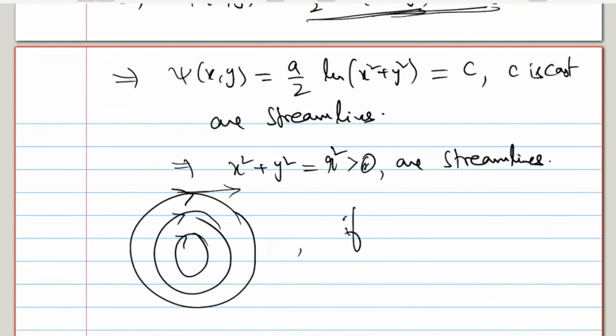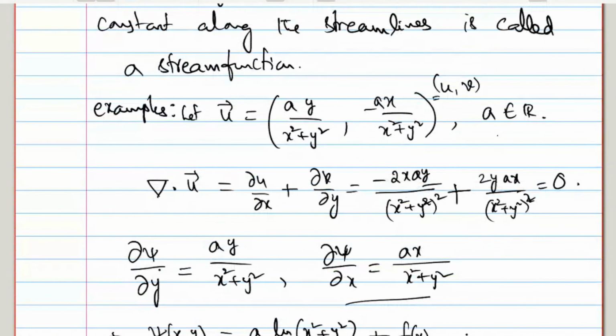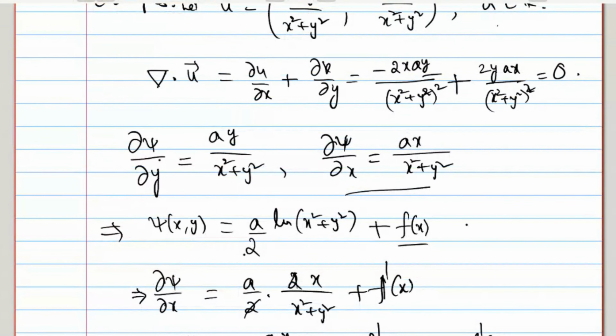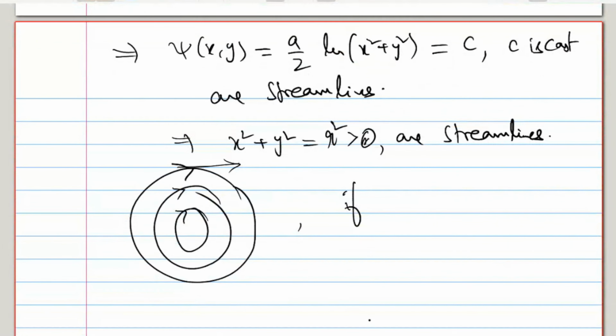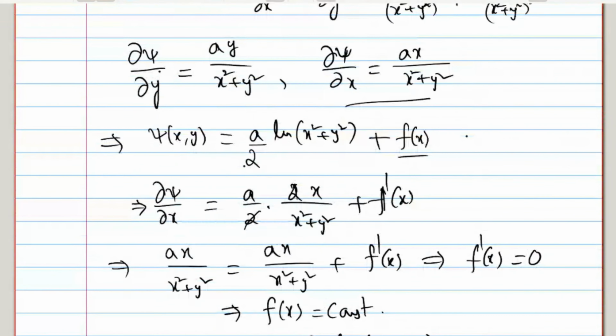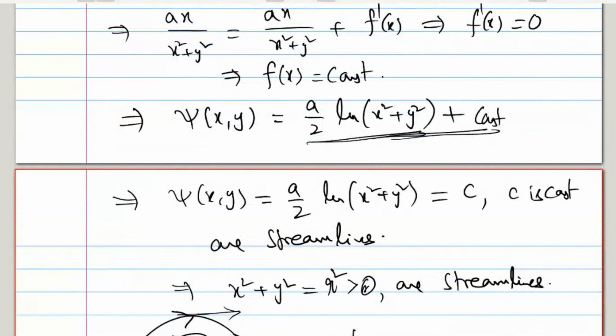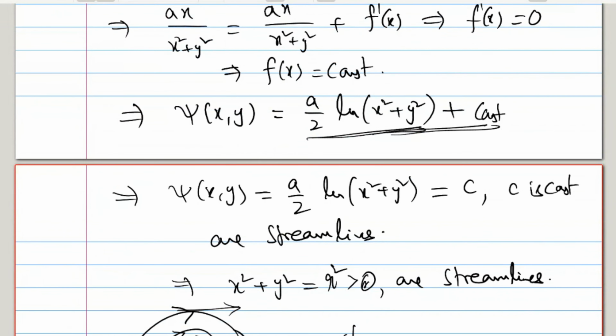You take u equal to 2y, y equal to 1, y is positive, x square plus y square anyway positive. If a is positive, so that is along the direction, right? So u is positive, so that is in the direction of u, right? Isn't it? Yes, sir.